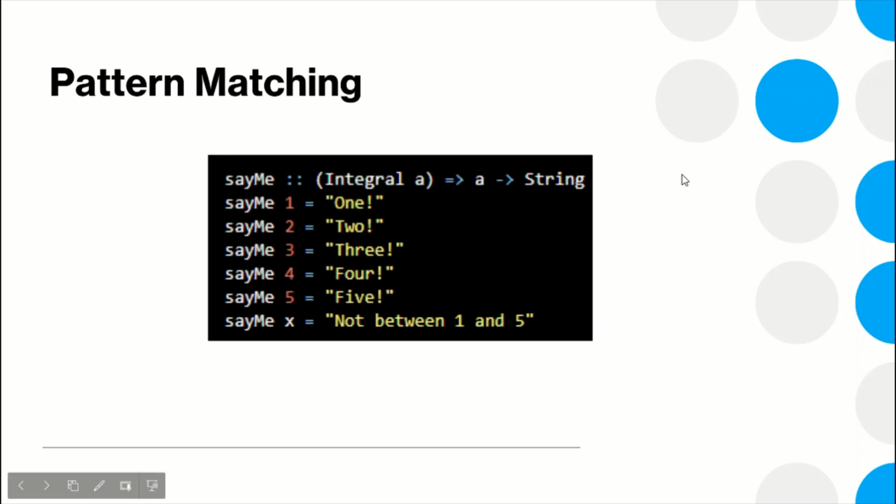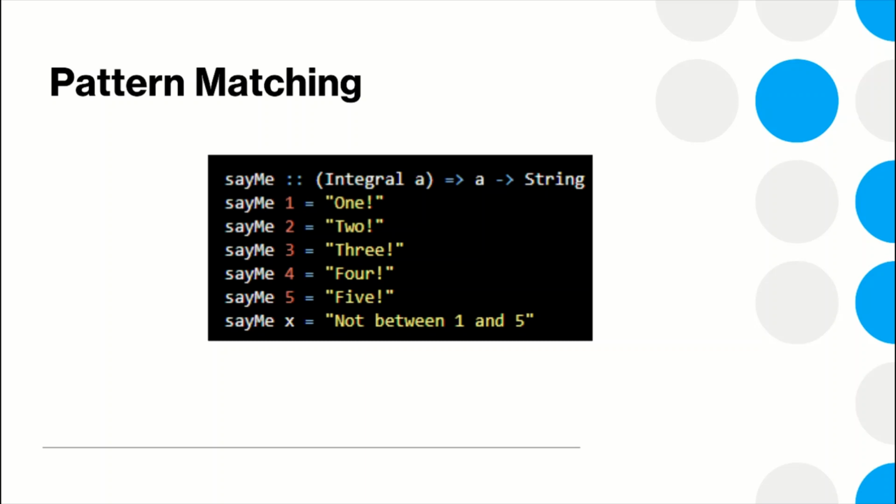The pattern matching is a way to specify patterns in some functions. So for example, we have the same function that takes one parameter and returns a string.